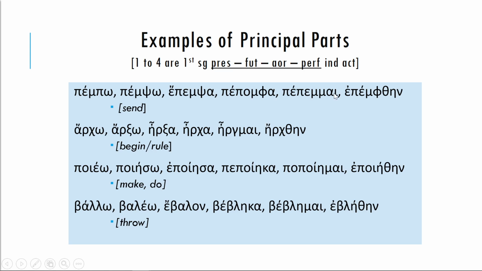Notice how we get the common primary endings on the perfect middle. We've already dealt at length with the present stem, because we get the aorist from it, and the imperfect from it, and the aorist stem, the third principal part, is what we get the aorist from.